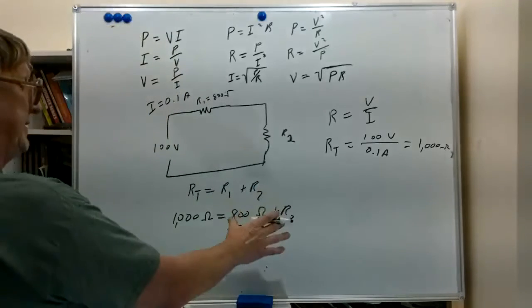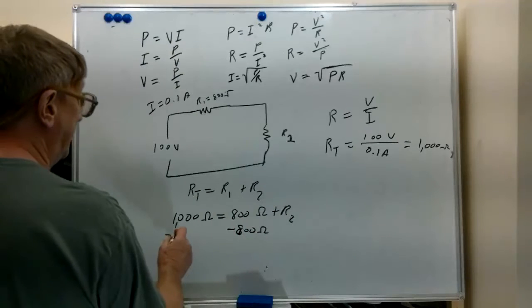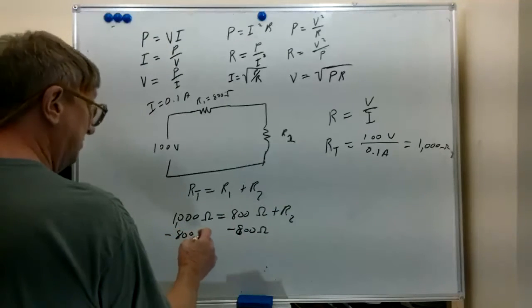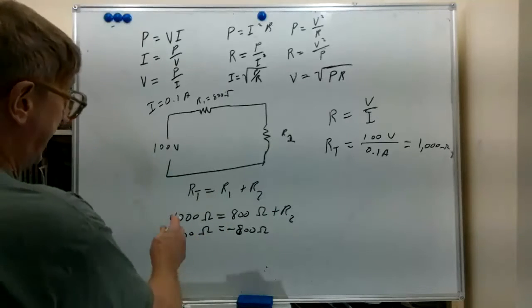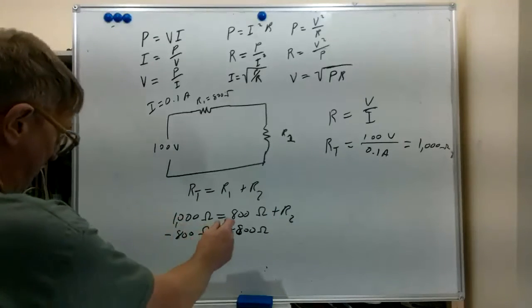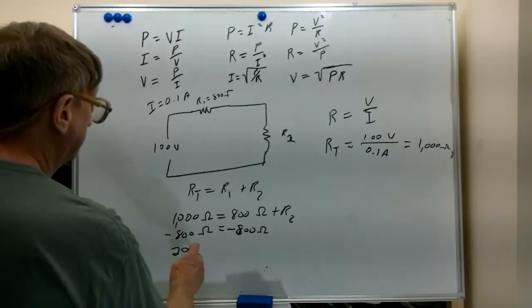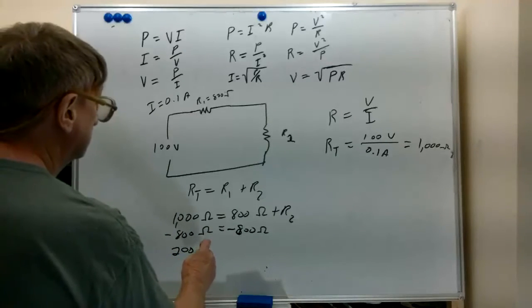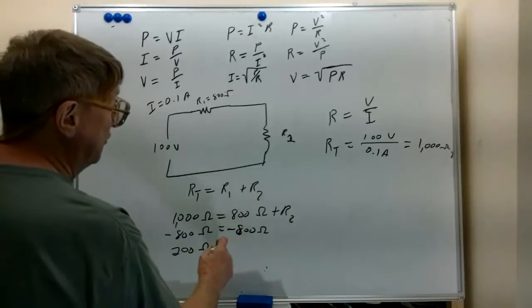But being we subtracted 800 ohms from the right side of the equation, we've got to subtract 800 ohms from the left side to keep this equation balanced and true. So 1,000 ohms minus 800 ohms leaves us with 200 ohms. And we take the 800 out of there, so we end up with just R2 left over here.